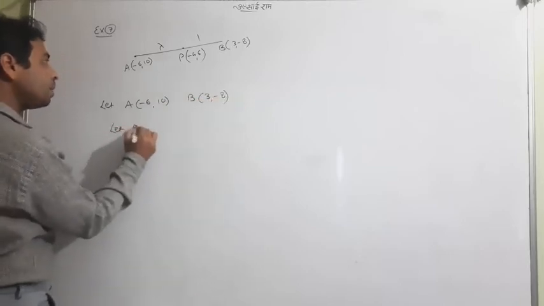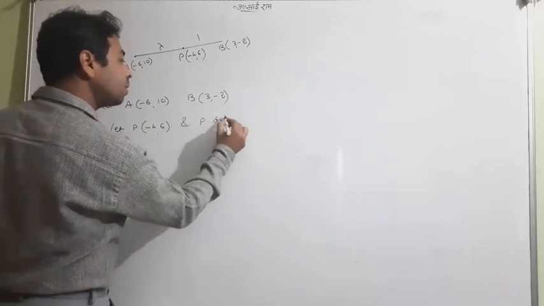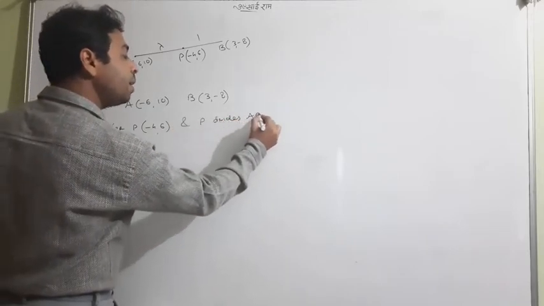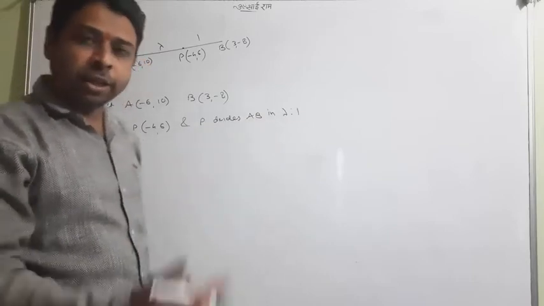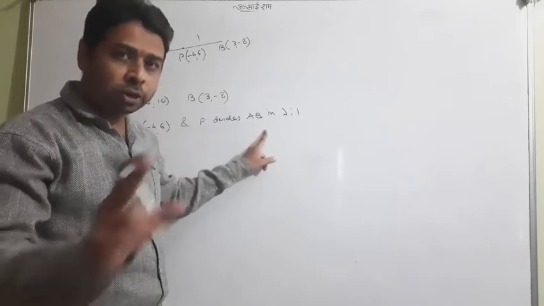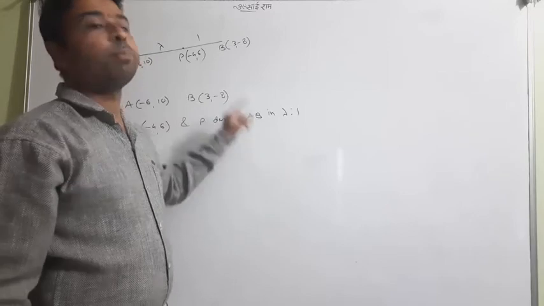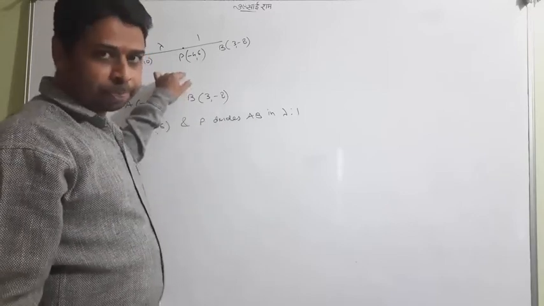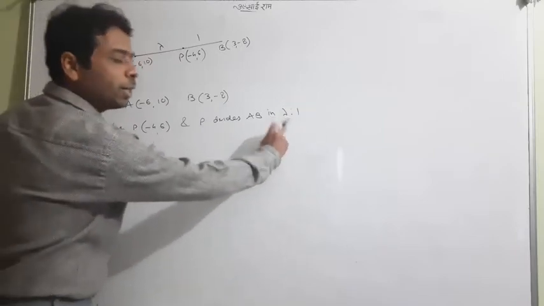Let P be (-4, 6) and P divides AB in lambda is to 1. You need not write internally or externally, because you don't know till now what kind of division it is, but always take P as internal while starting the question.